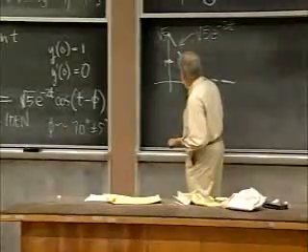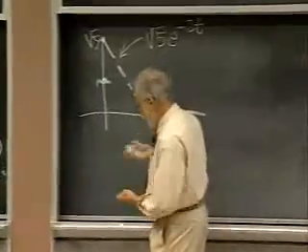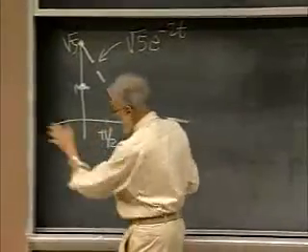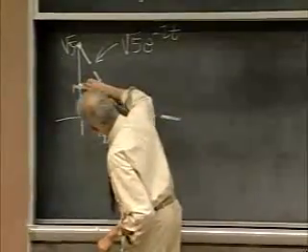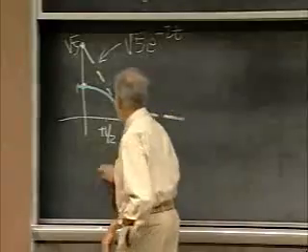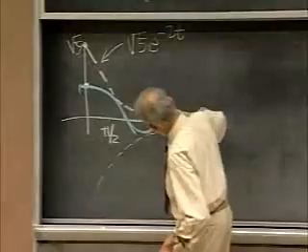So if this is pi over 2, the first time it crosses is 70 degrees to the right of that. So it must be doing something like this. And now on the other side, it's got to stay within the same amplitude, so it must be doing something like this.